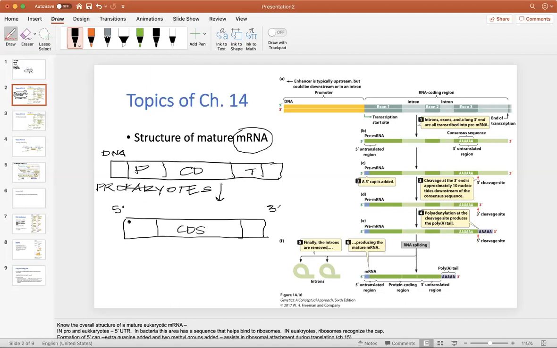Then you have two regions we call UTRs, for untranslated region. You're going to have a 5' UTR, and you're going to have a 3' UTR. The 5' and 3' UTR are exactly what they sound like. These are regions of the messenger RNA that don't correspond to amino acids.